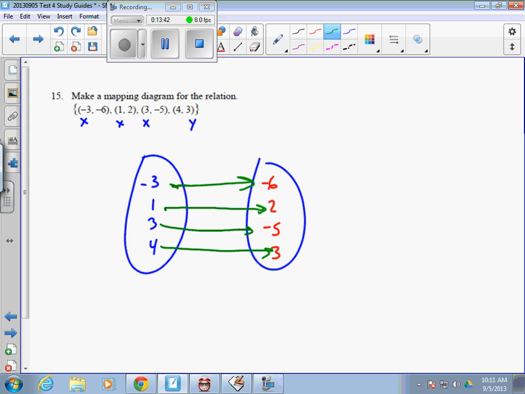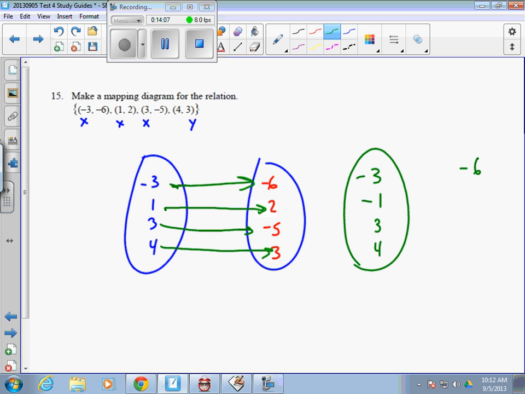But where the difference comes in is look where -6, then 2, then -5, then 3 is. 2 and -5, they need to be written in numerical order, the smallest to the largest. So instead of having 2 and then -5, just reorder it. And again, you don't have to do anything fancy. Just make it numerically correct. -3, this is the one on the left again, the inputs.